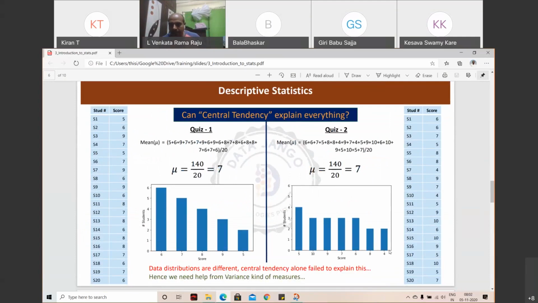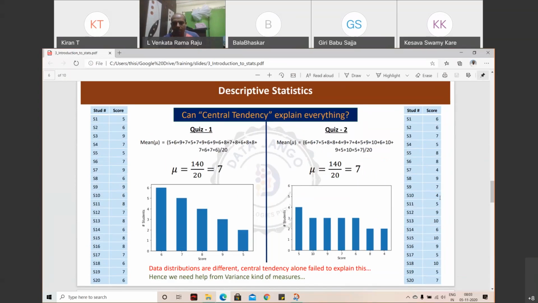But in this one, the minimum number is 4 and the maximum number is 10. If you look at the minimum, maximum and the mean, the 5 and 9 are close to 7 when compared to 4 and 10. Do you agree?